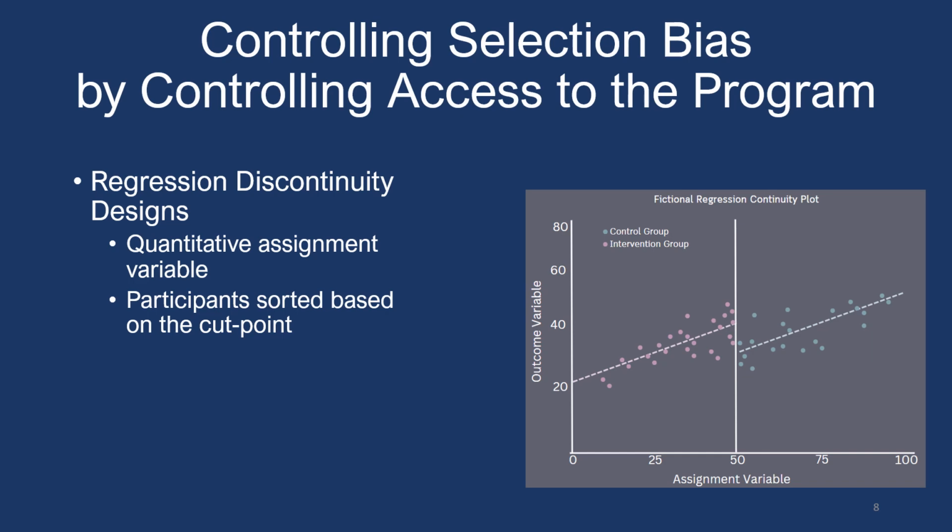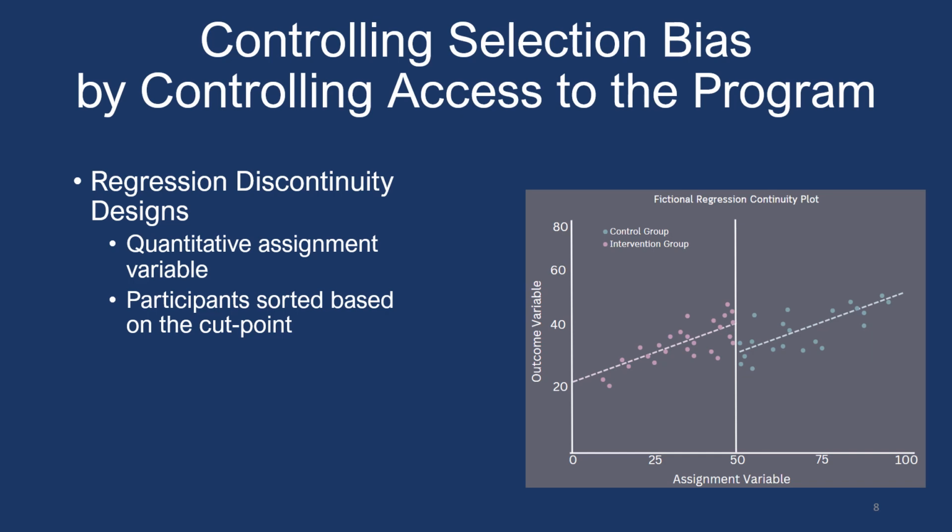When the cut point is truly made on independent factors, then the individuals closest to that line are effectively randomized, except for any influence on the outcome of their small remaining differences on the assignment variable. And these, once we get to our modeling, can be controlled statistically.